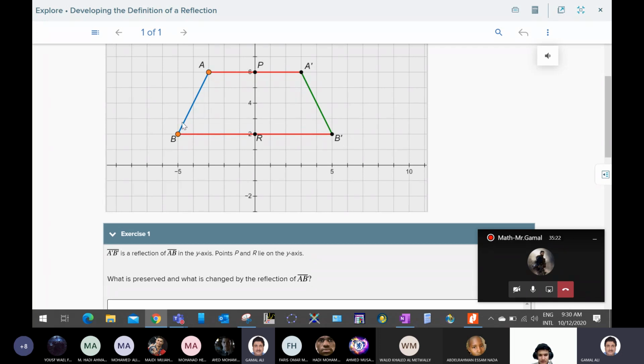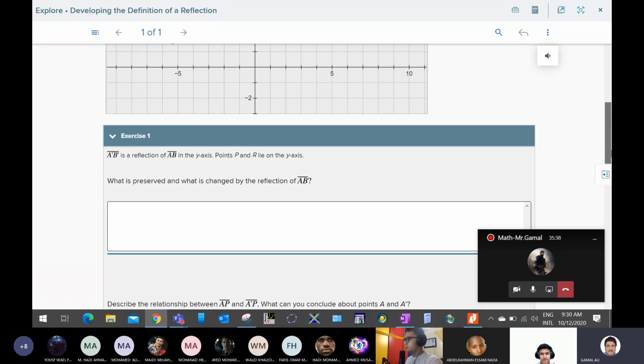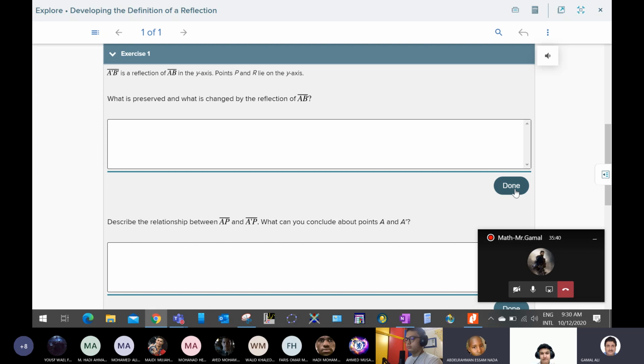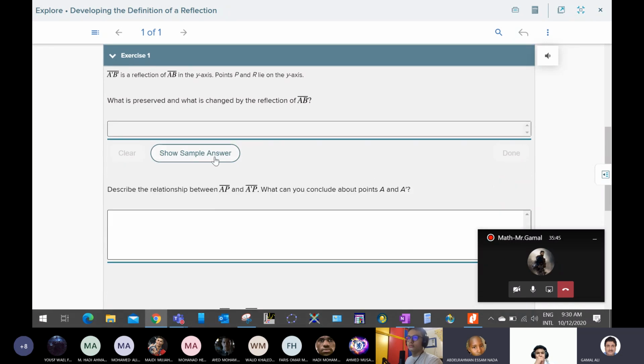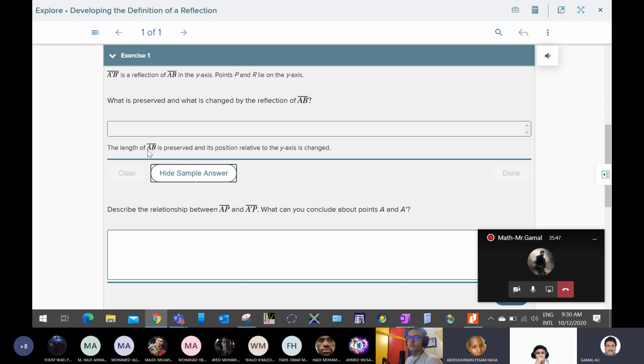So the length is not changed, because the length is constant. But what is changed by the reflection? Who can tell me?